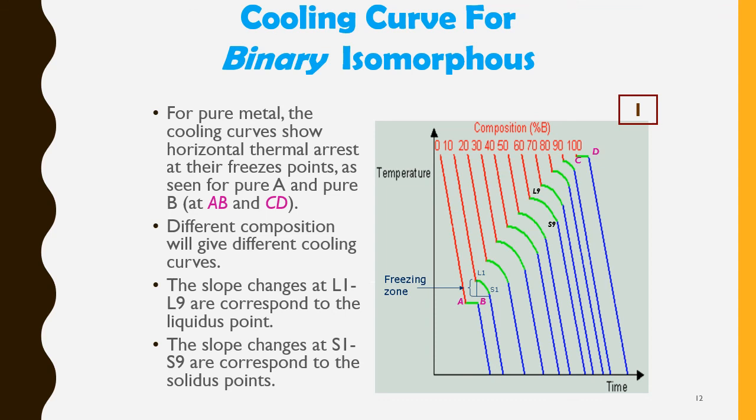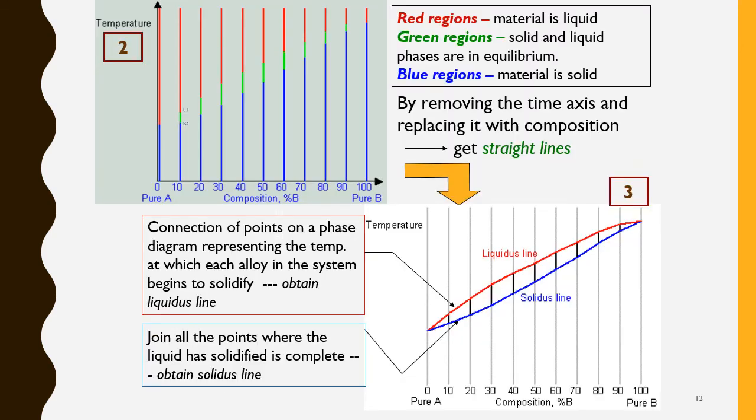So the slope changes at L1 up to L9, or up to the liquid point over here before the freezing point from C to D. We call it the liquidus point or liquidus line. And the slope solid, from B up to this point, we call it the solidus point.